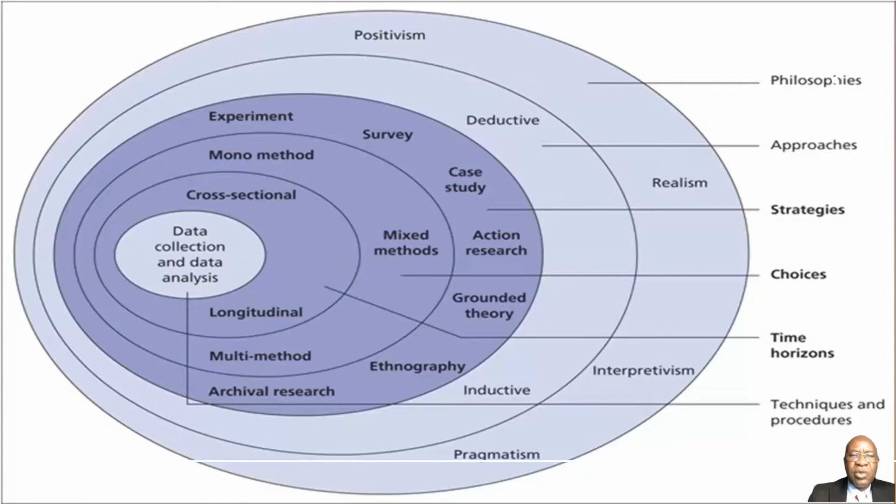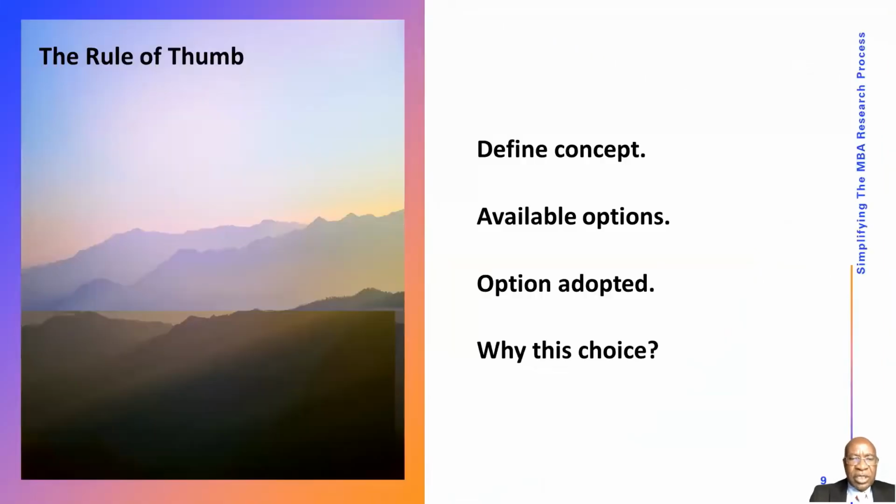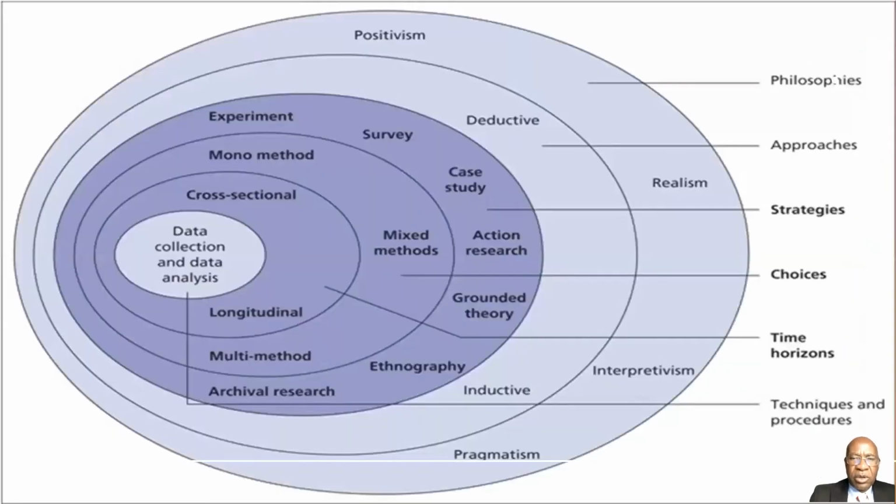Once you've addressed this one, you peel this one off and move on to the next layer. This is the order in which they suggest that you must approach your research. Let's look at each one of these one at a time, emphasizing particularly philosophy, research approaches, strategies, choices, and these ones on your right-hand side.